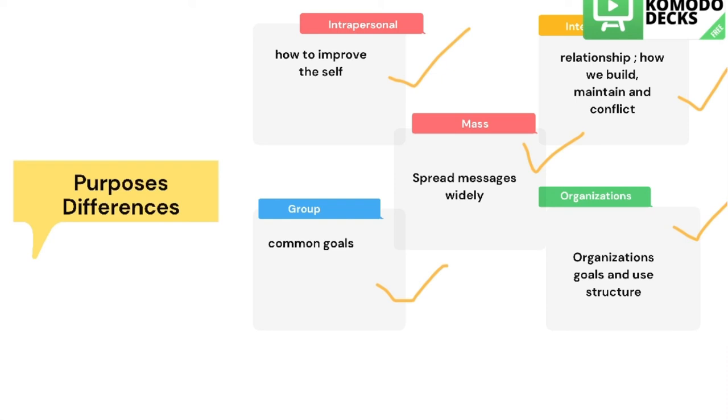For example, if you see two people communicating in a campus area, at first glance it can seem to be interpersonal communication, right? Even though it might not be.